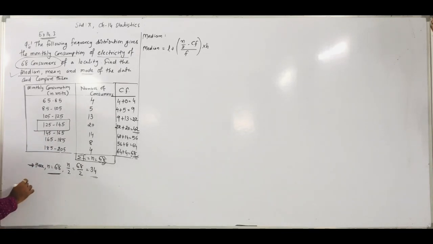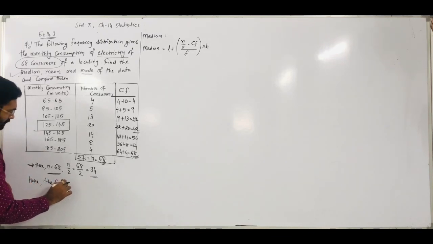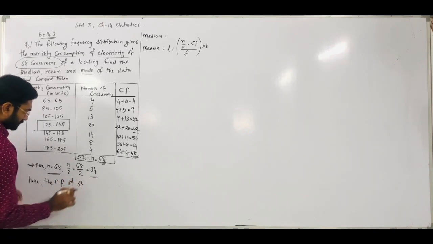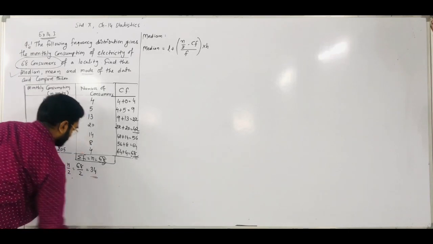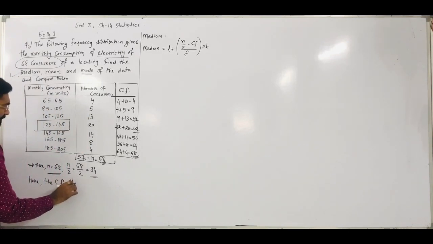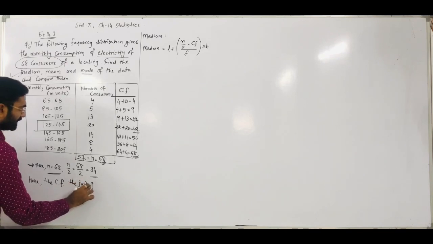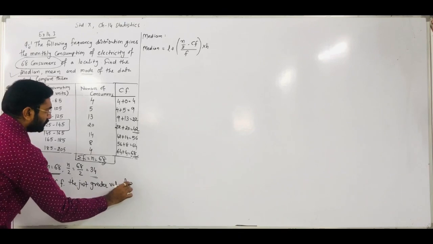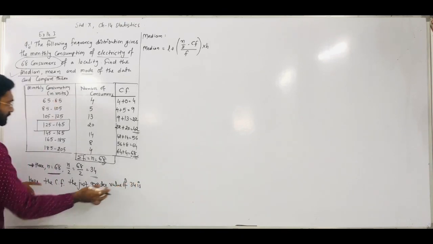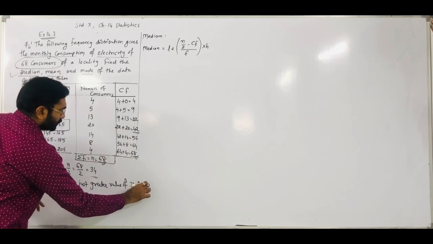Right? So here we have to write the answer. Here the cumulative frequency, the just greater value than 34, which one is it? 42.